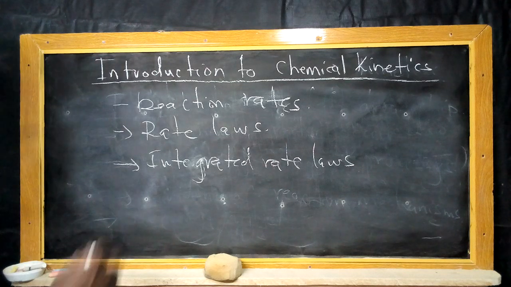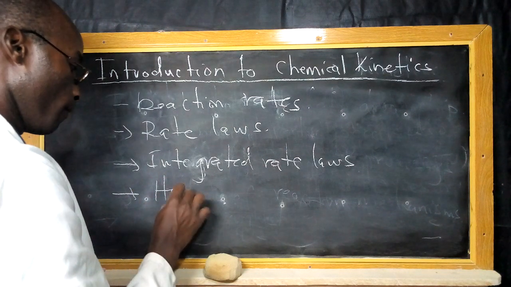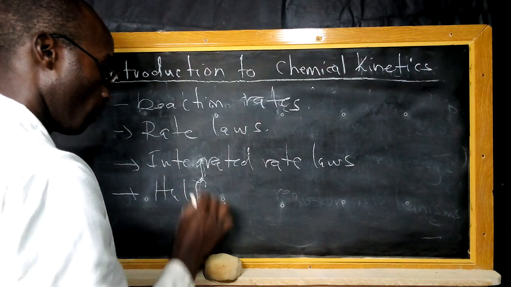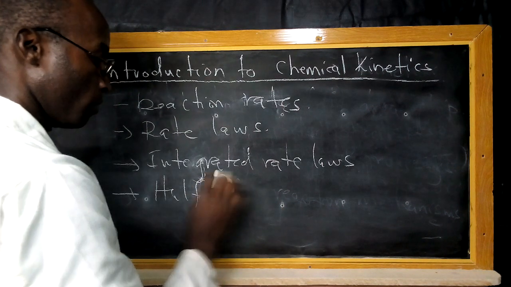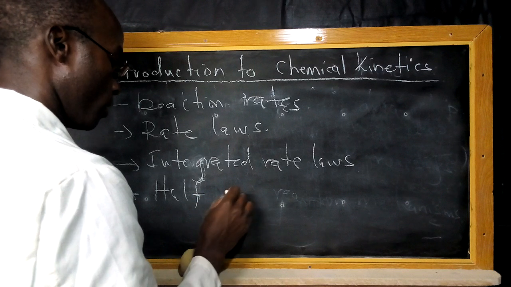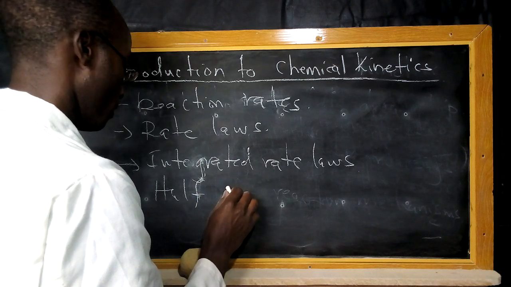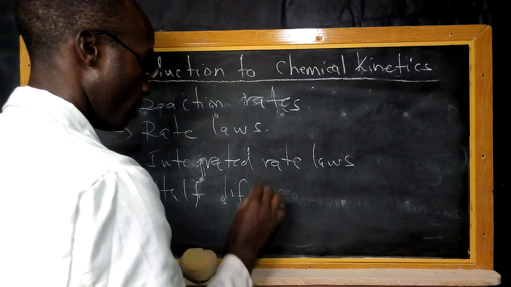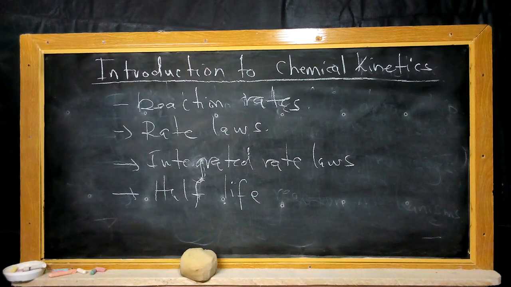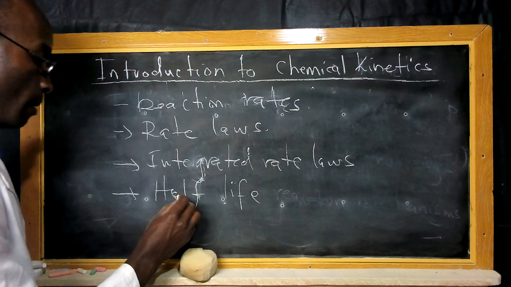And then we shall have a look at half-life. Half-life, of course, this term appears in some aspect of the topics in radiochemistry, radiophysics, or radiology, which is the study of radioactivity.